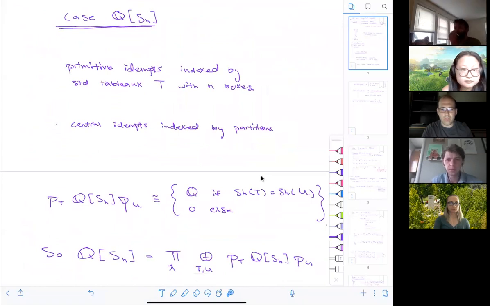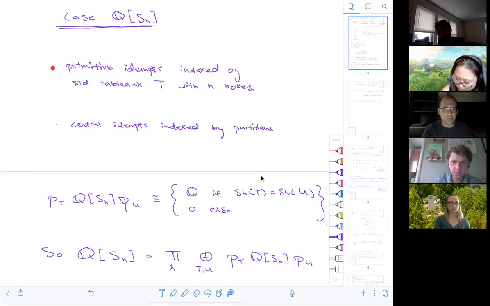To begin with, I want to remind us of the big picture of what idempotents in a symmetric group algebra look like. First off, the primitive idempotents are parameterized by standard tableaux on n boxes. The central idempotents in the symmetric group algebra are indexed by partitions.